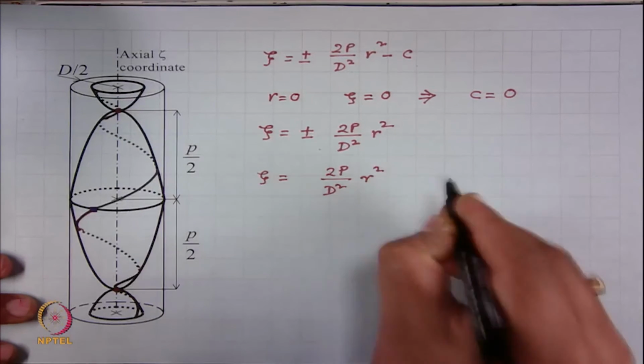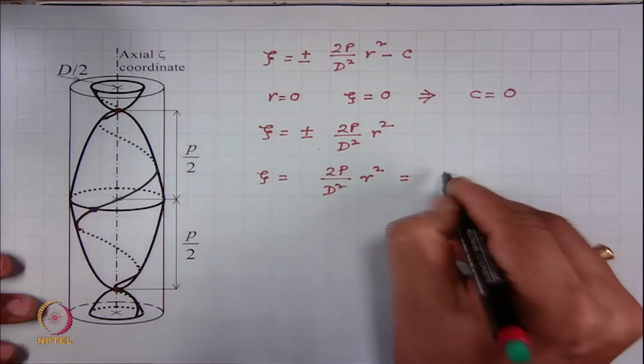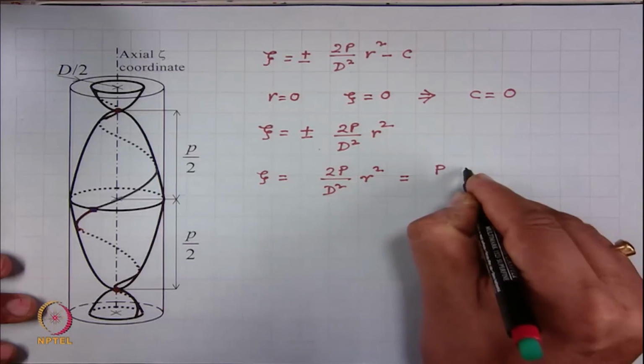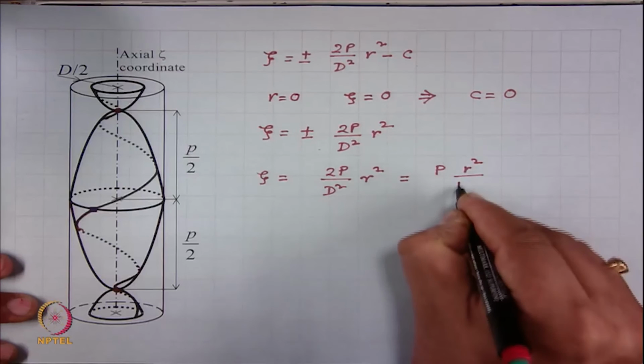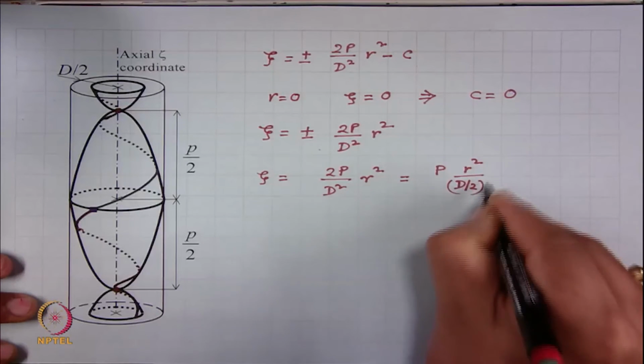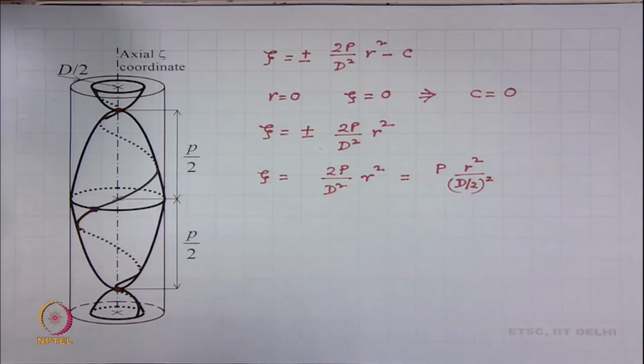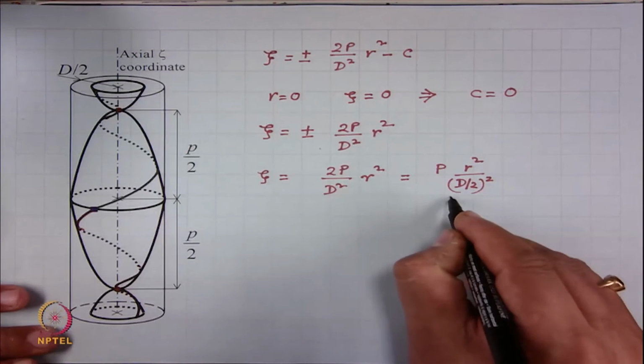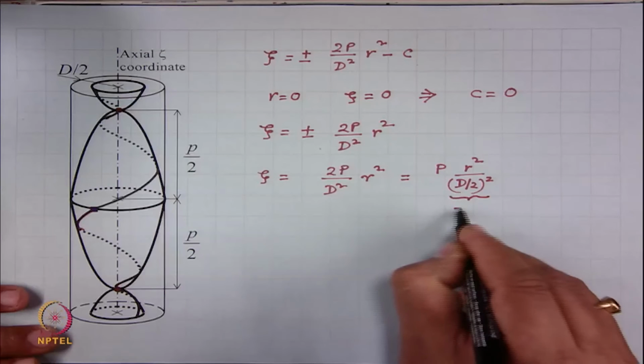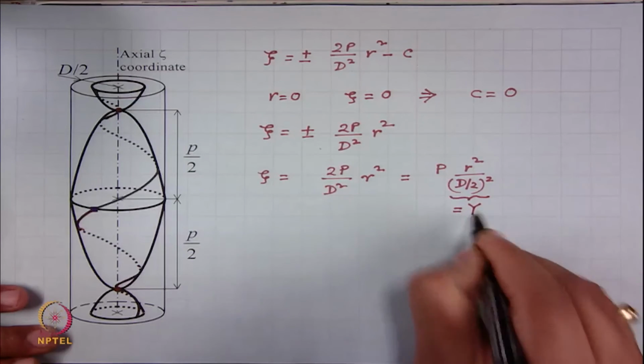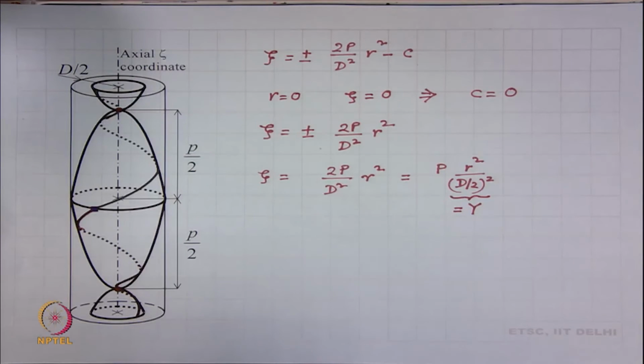r square. This we can further write p r square by d by 2 square. This r square by d by 2 square, let us consider this as capital Y, because we can measure this. D is measurable and R is also measurable by tracer fiber technique and all.